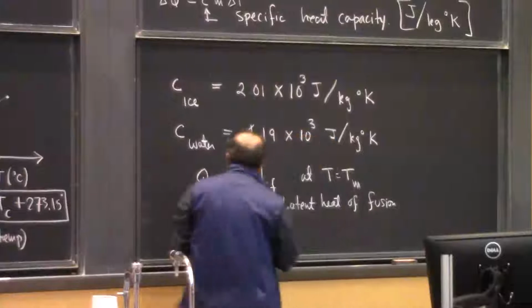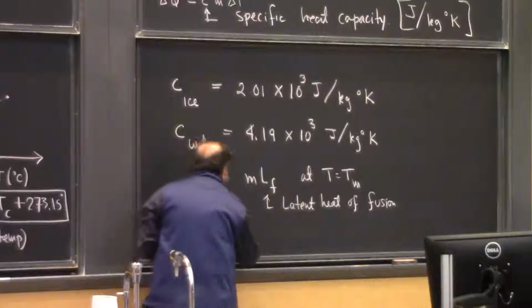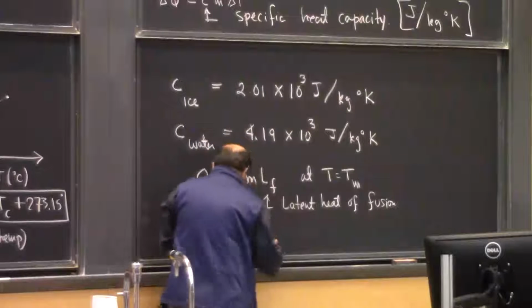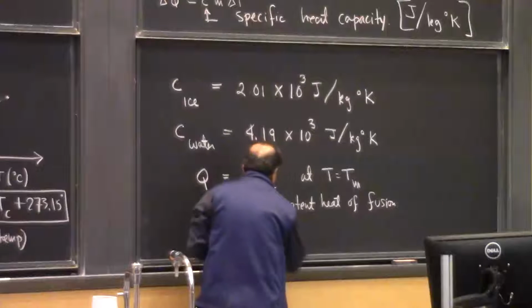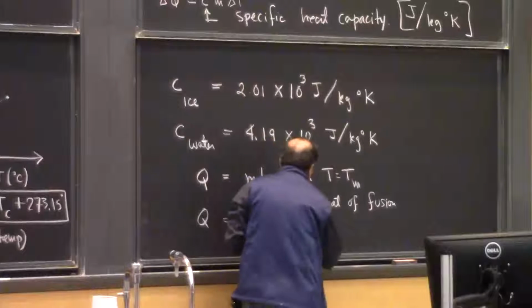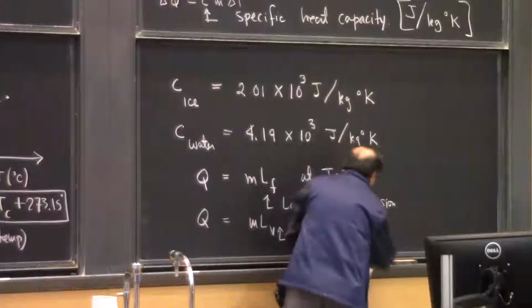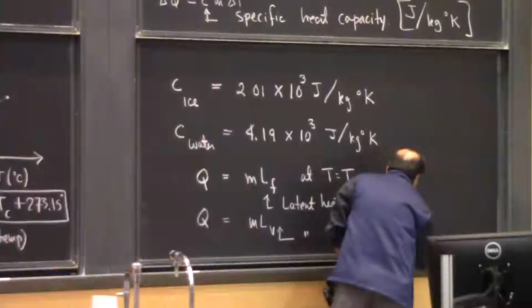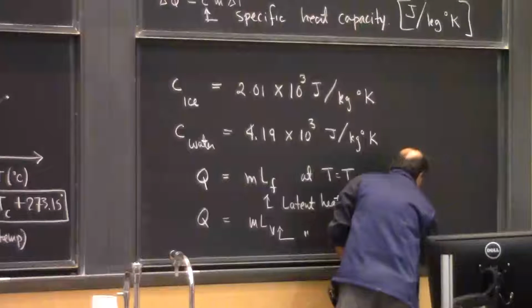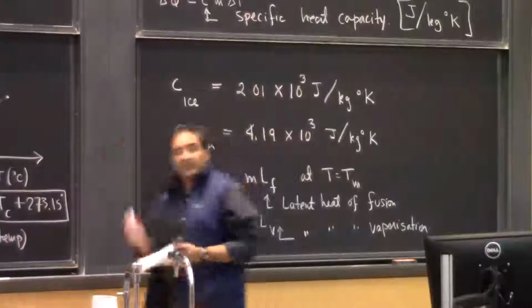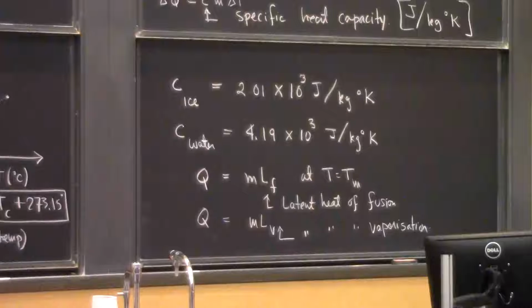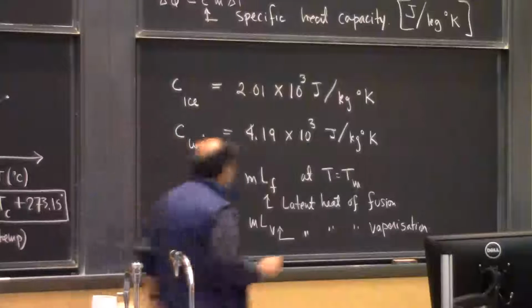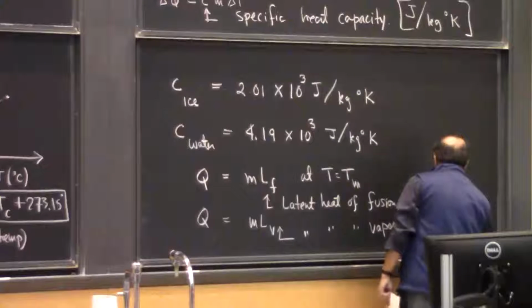And likewise, at TB, and observe that there is no temperature delta T here, because at the phase transition point, there is no change in temperature. So while the whole phase transition is happening, the temperature remains at TB or TM.